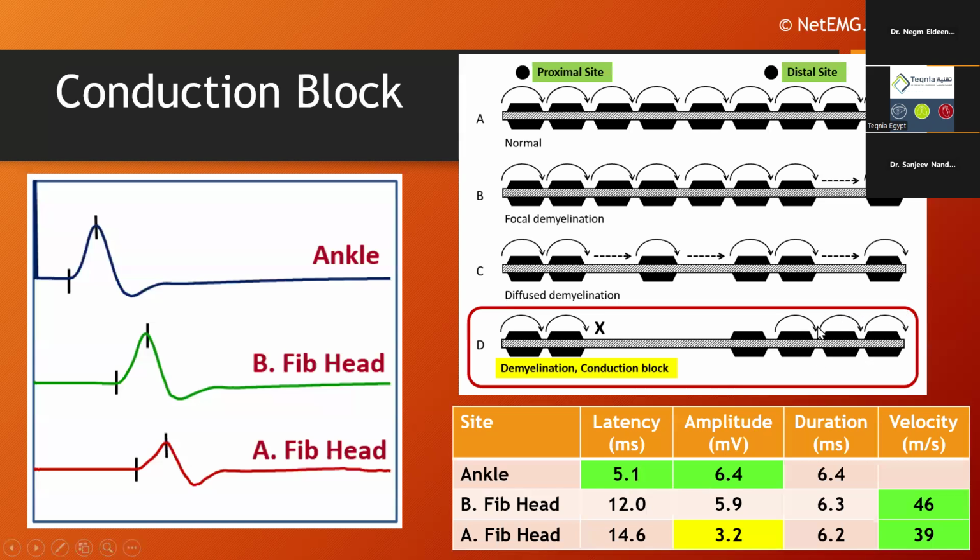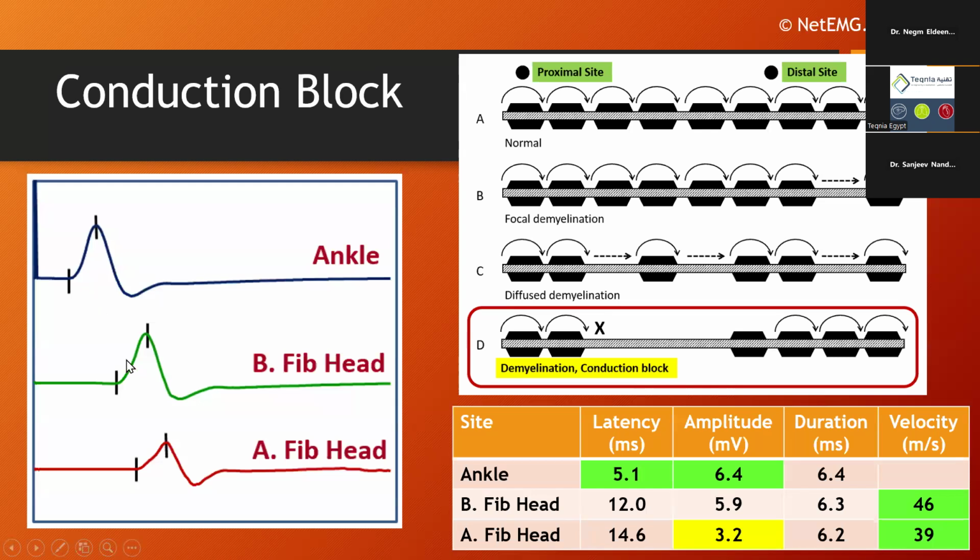It has normal waveform. When we stimulate proximally, some axons that are not affected will conduct at the proper speed, but axons that are heavily demyelinated will fail to conduct action potential. And as a result, you get a much lower amplitude response.